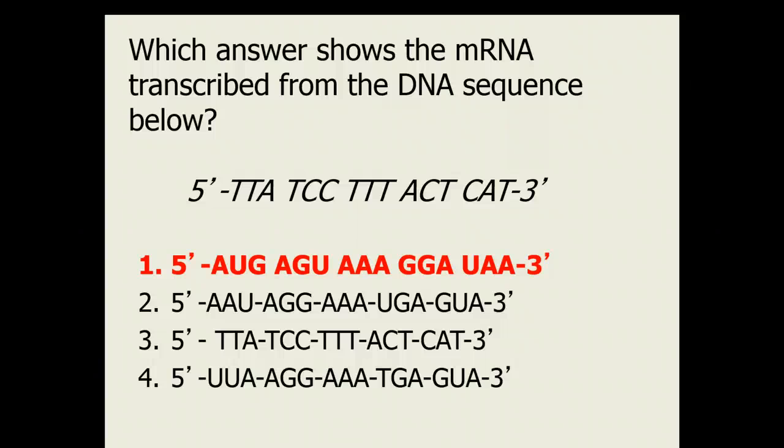Aren't they little sneaky ones? So AUG, so I was wrong. That would be a common mistake, by the way, a very quick one to point out. So TAC is AUG, TCA would be AGU, TTT would be AAA, CCT would be GGA, and ATT would be UAA. Aren't they little sneaky ones? So number 1 is the correct answer.